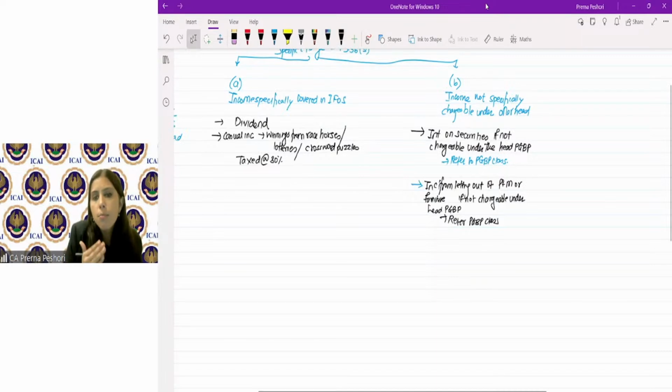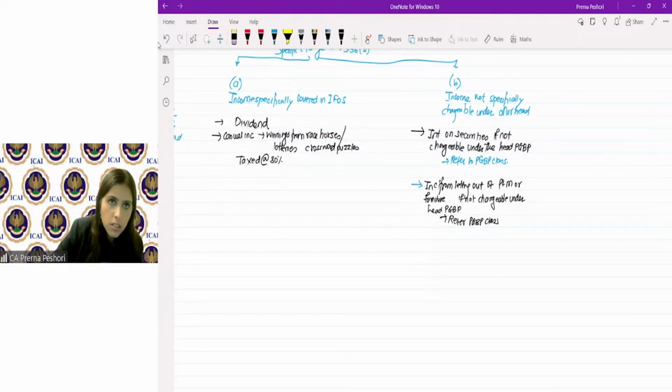So, Kerala High Court in Manju and Company has clearly said that winning on unsold lottery ticket will be income from other sources. It will not be PGBP and this shall be taxable at the rate of 30% under 115BB. So just write down: 30% under section 115BB.